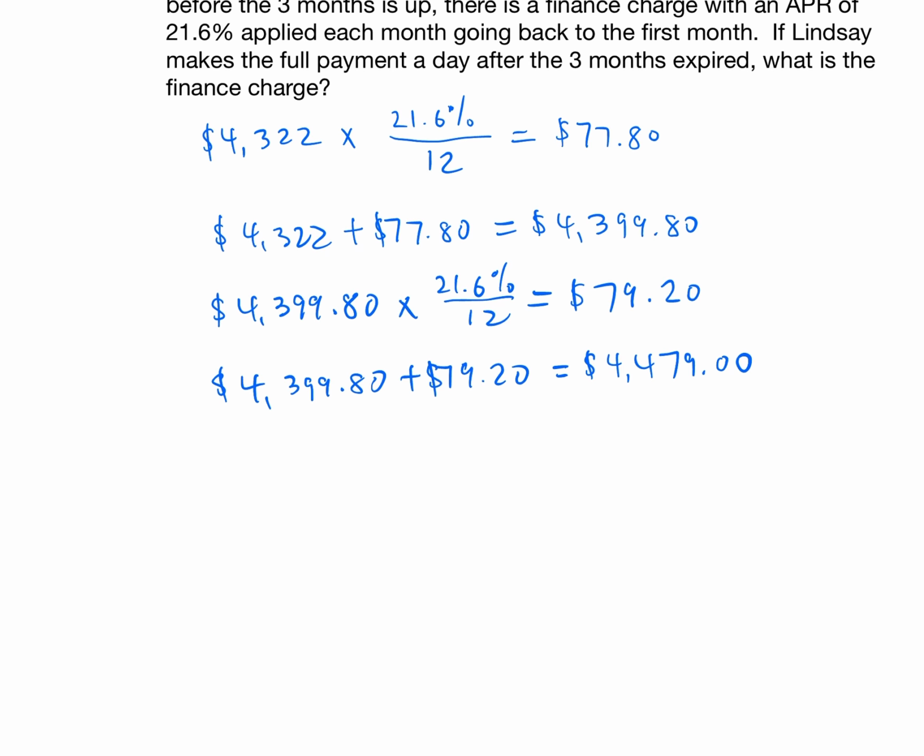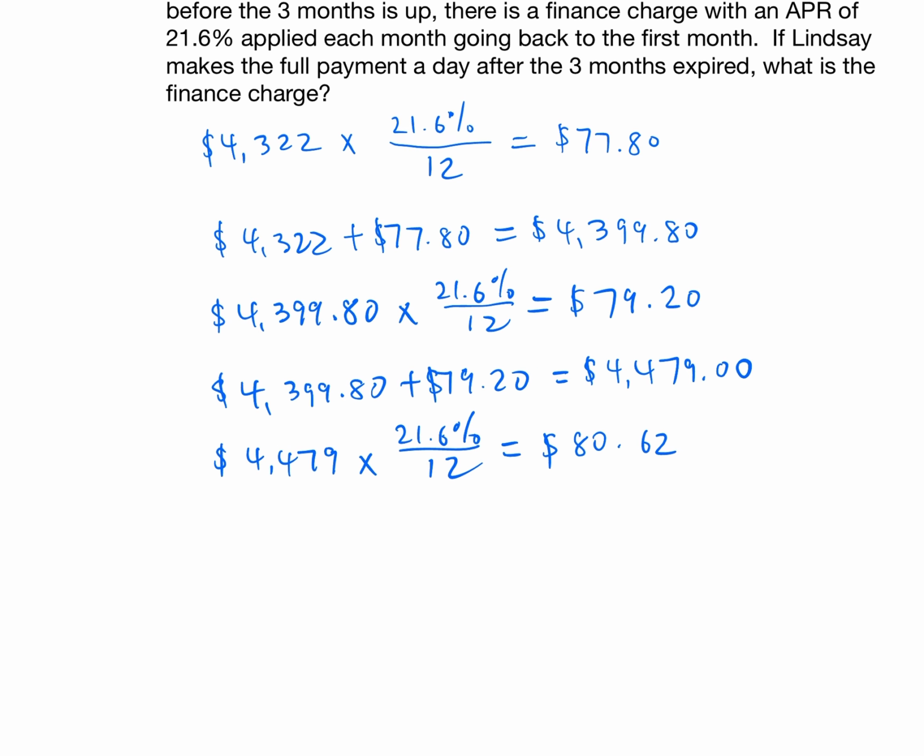But we're also looking at the end of month three, so we need to do this one more time. So we're going to take $4,479, and we're going to multiply this by 21.6% divided by 12. And punching that into the calculator, we get $80.62.